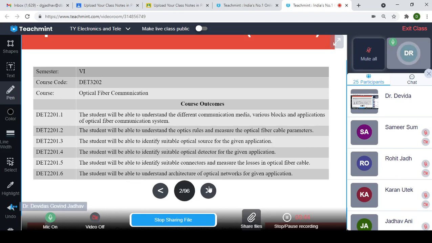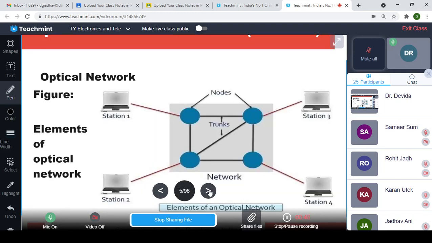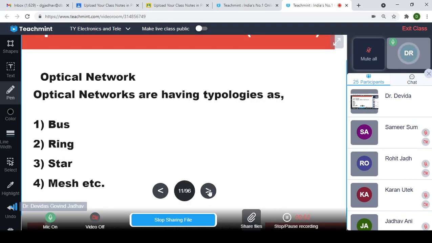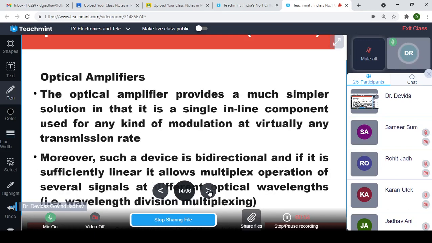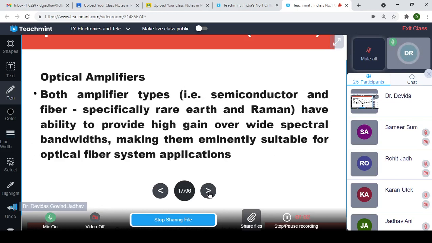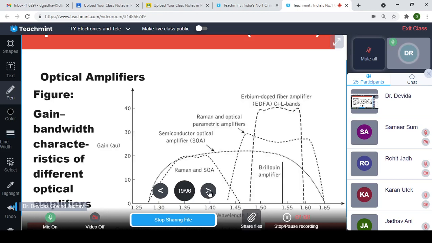So we are on the slide, and we have seen the optical network, the need of optical network. Then we have started the optical amplifiers. Two types of optical amplifiers are there: semiconductor optical amplifier and fiber optical amplifier.